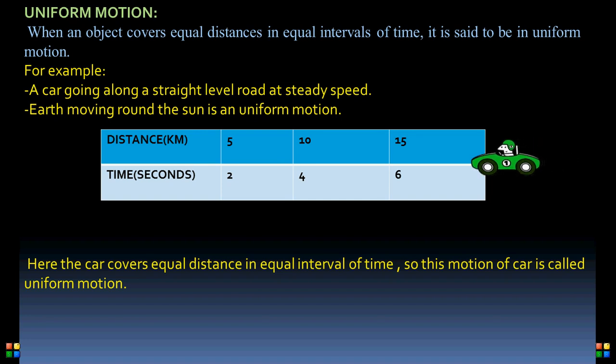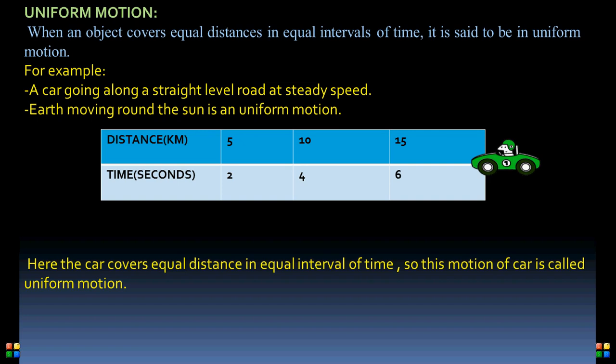In another 2 seconds, again it covers 5 kilometers. In another 2 seconds, again it covers 5 kilometers. It means that in each and every 2 seconds, the distance covered by the car is just 5 kilometers. So we will say that the motion of the car is uniform motion.